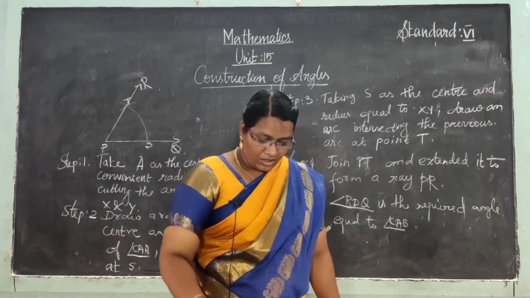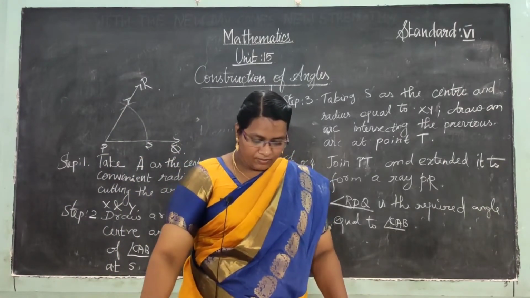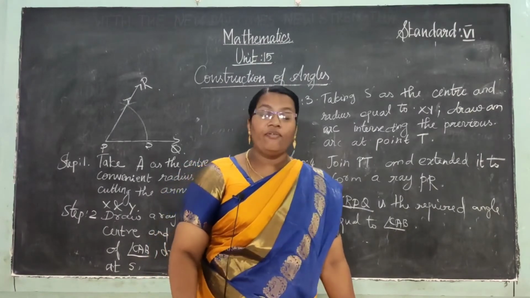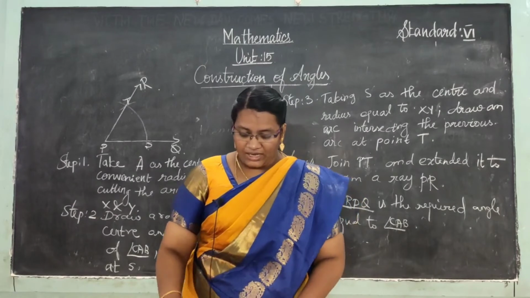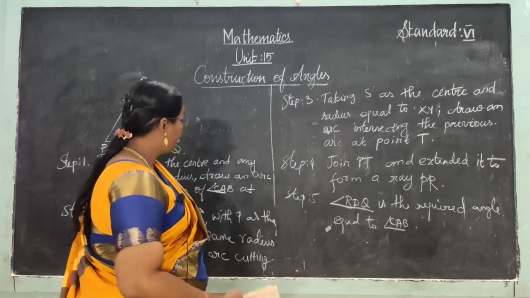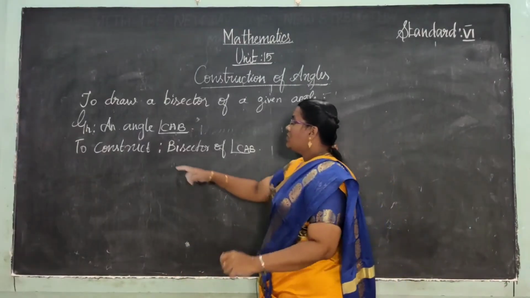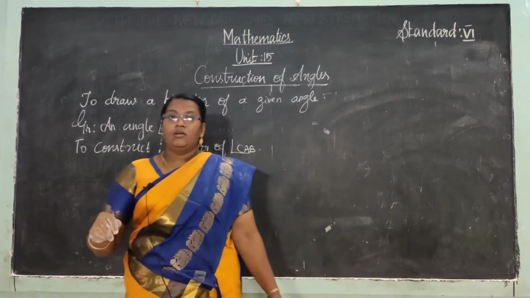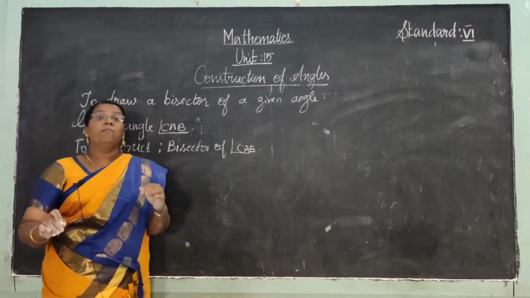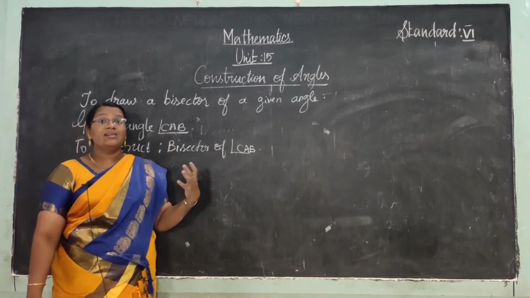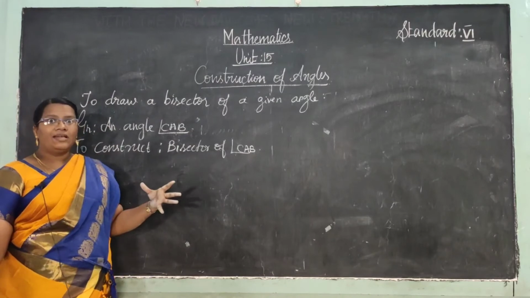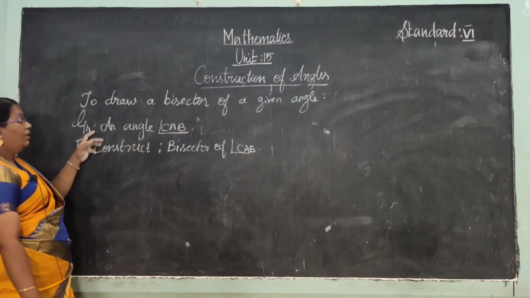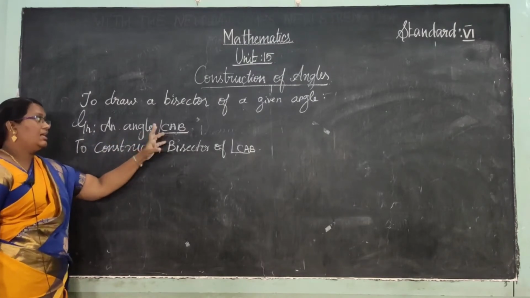Right. Now move to the next concept: to draw a bisector of a given angle. It is called the angle bisector. Okay, how to construct it, you will see. An angle is given, angle CAB.